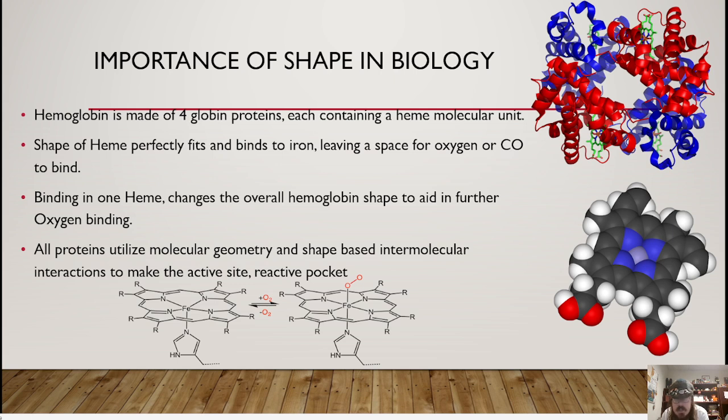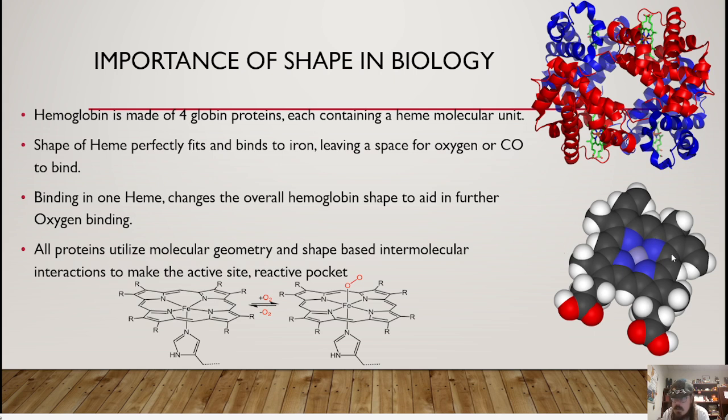So all proteins will utilize this molecular geometry and shape-based intermolecular interactions to make essentially an active site or reactive pocket in the molecule for another atom to fit. A hydrolysis enzyme creates a pocket so that it holds the molecule in a way that it can cut off water very easily. Lyse means to cut.